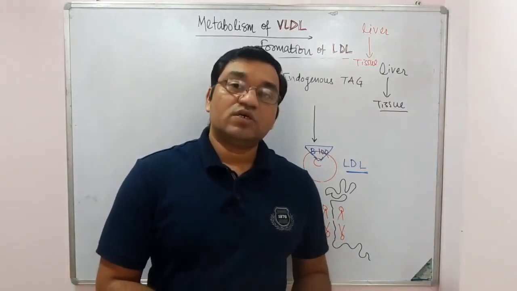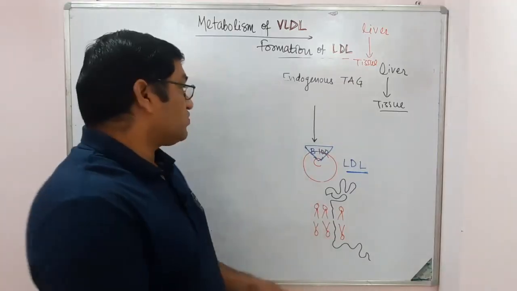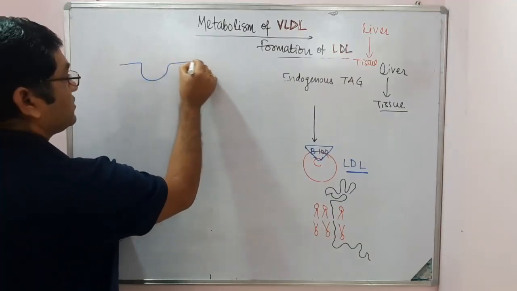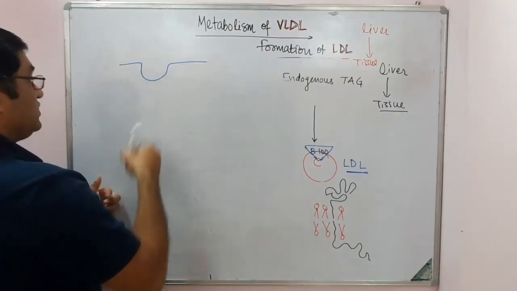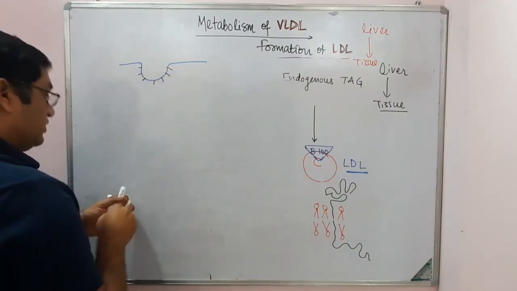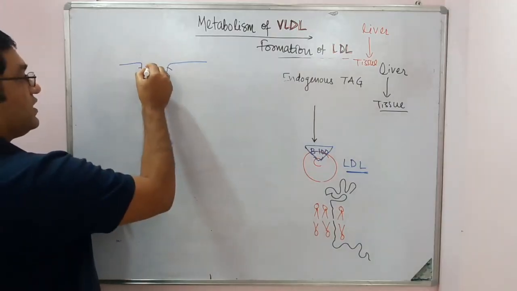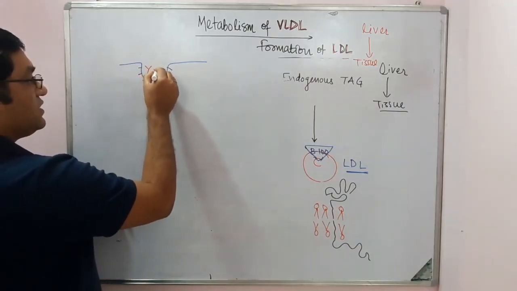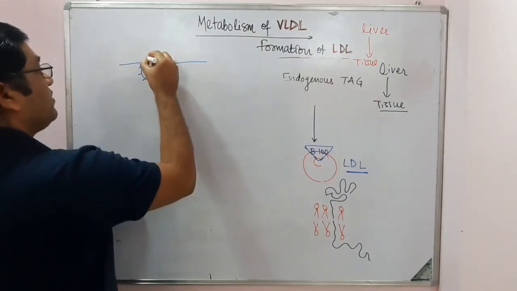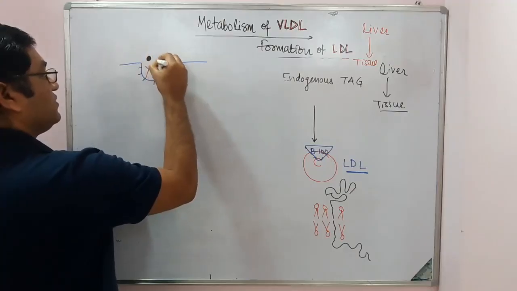Now how does the endocytosis occur? These are the coated pits, the clathrin coated pits, and on these pits there are receptors. Suppose this is an LDL particle.